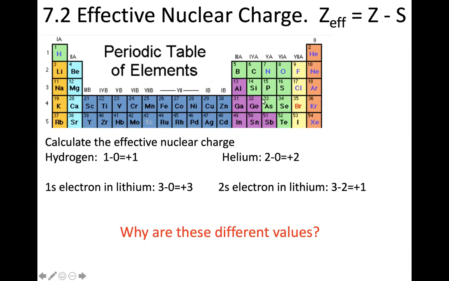For lithium, the 1s electron is closer to the nucleus and there's nothing shielding it. It's experiencing that entire +3 charge from the nucleus. But for a 2s electron, we now have shielding, that frosted glass. We have electrons with a smaller principal quantum number leading to electron-electron repulsions and diminishing the charge that outermost electron would be experiencing.